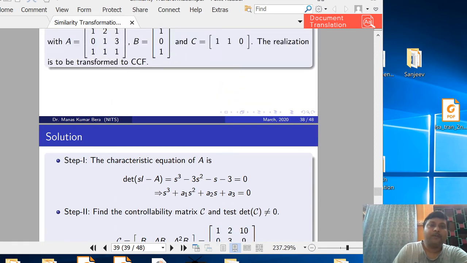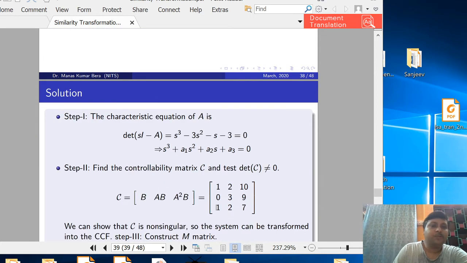For the second column you multiply A into B, then A squared into B for the third column. One thing I want to tell you is that you should use your scientific calculator, which can do matrix multiplication easily, so you can calculate A B and A squared B quickly.